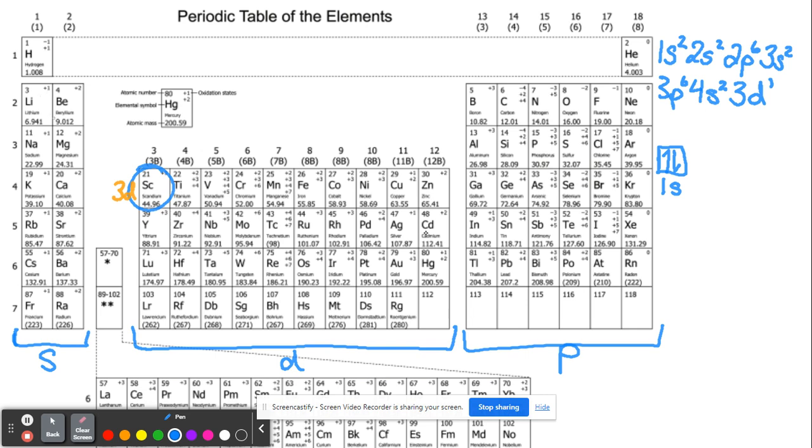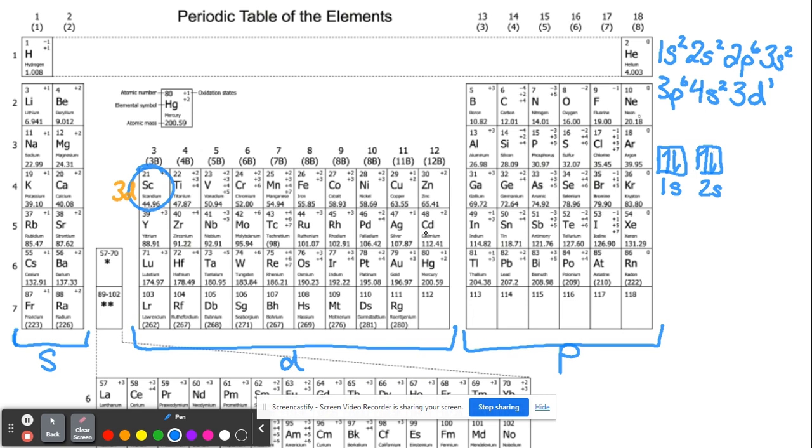So I move on to the second period of the periodic table. That chunk is in the second period and the S block. So that's 2s. And 2 electrons spinning in opposite directions can go in 2s.